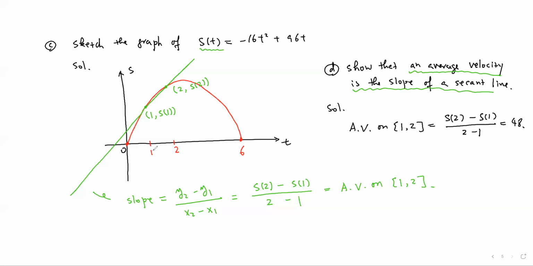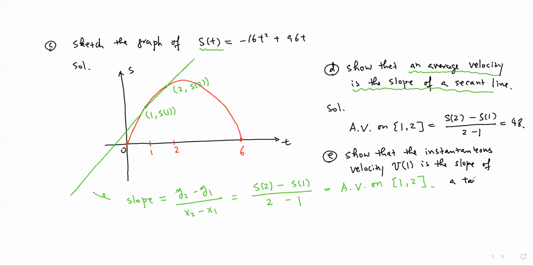Now, question E. The instantaneous velocity v of 1, the instantaneous velocity at 1, is the slope of a tangent line.